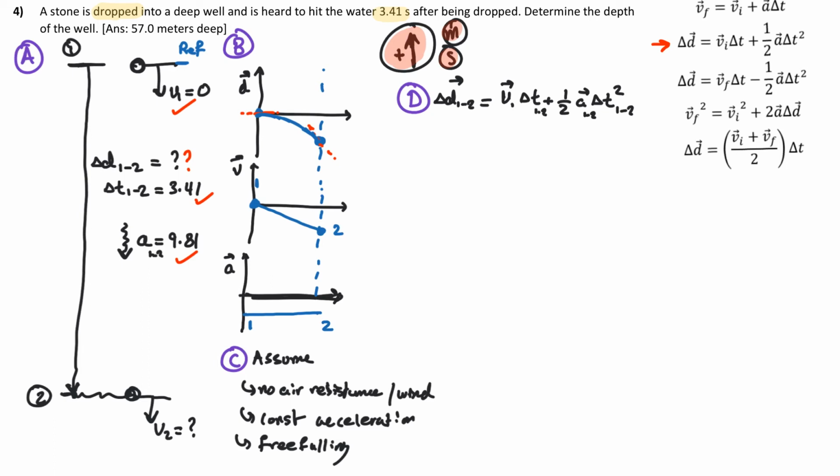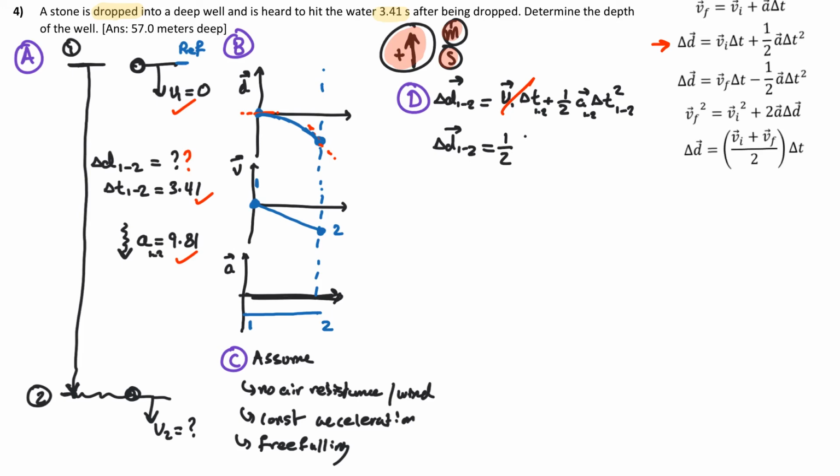The displacement is what we're trying to find, so I'm going to put that in. It is going to equal the velocity 1, in this case the speed in the beginning is 0, and 0 multiplied by any number is 0, so that gets rid of that term right away. It makes my job a lot easier.